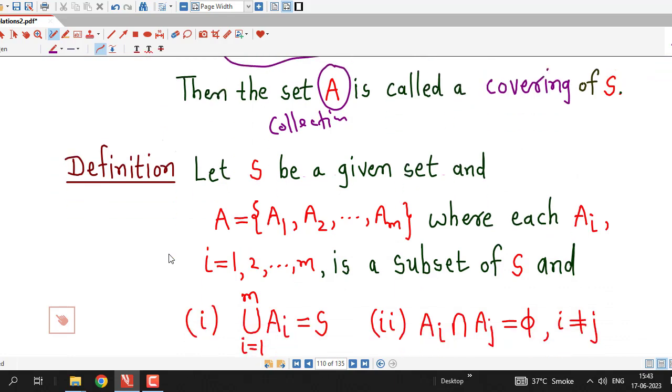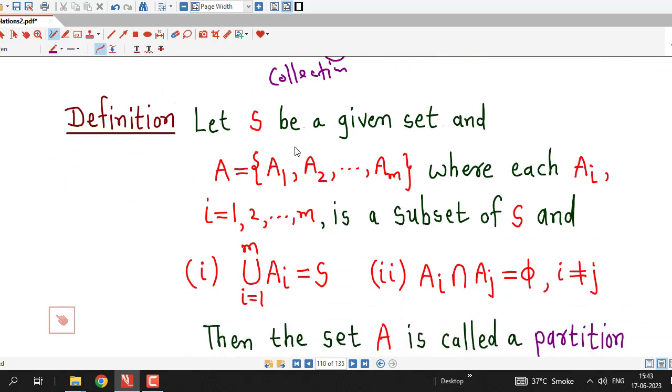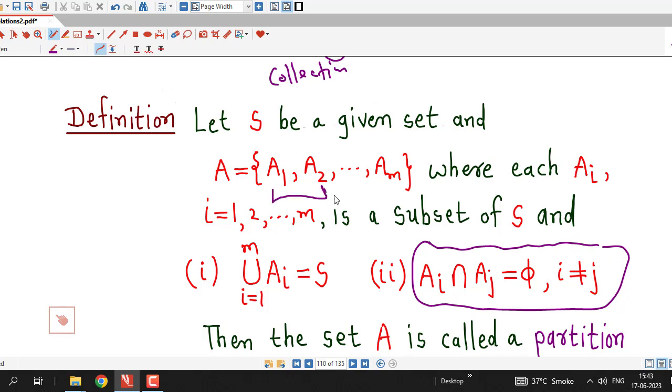And for a partition we require one more condition. The remaining things are as they are, and the extra condition is that if we take any two members in this collection, then their intersection is the empty set, that is, all the elements of this collection are mutually disjoint.